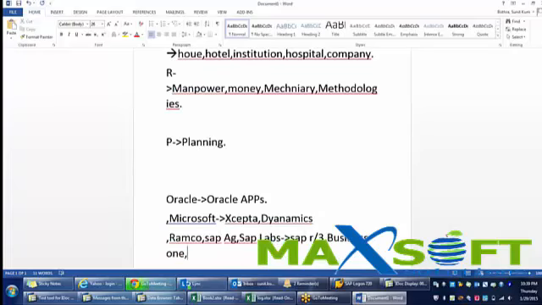Apart from this ERP software, they have given certain components which help in building the ERP or running the ERP.